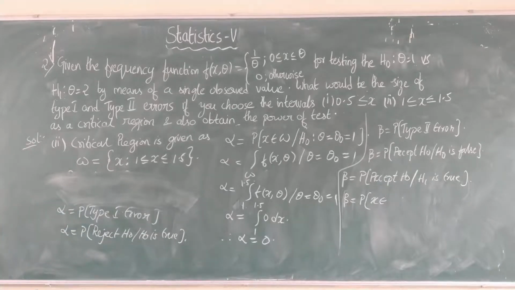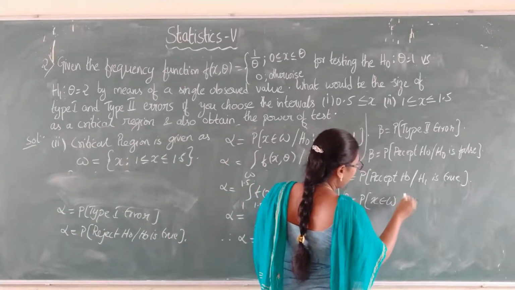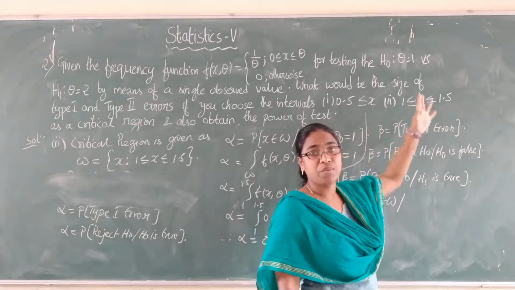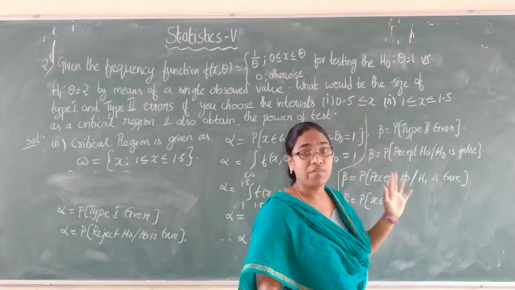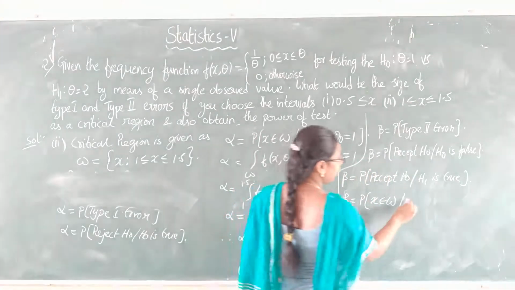Whenever it lies between two limits, then we will write the critical region. That means two limits are already given. So we consider the same omega for accepting H0 also, that is x belongs to omega bar. So whether it is omega or omega complement, the limits will be the same, that is x value lies between 1 to 1.5. So based on the given limits only you have to write the acceptance or rejection region.